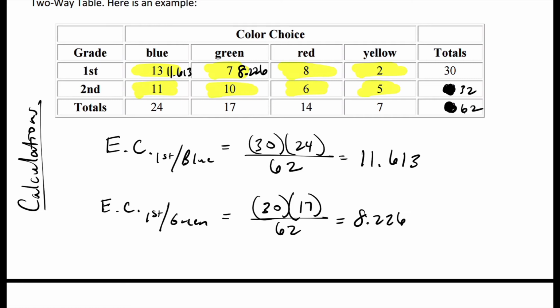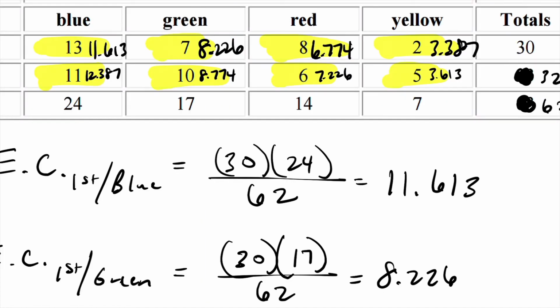Okay? You only need to show the first two. They got the idea of how you're doing it. So the rest you can do on your own. So what I want you to do right now is come up with the expected for the rest of them. I'll give you a few minutes. Come up with what the expected number is going to be for the 6 cells that I haven't labeled yet.